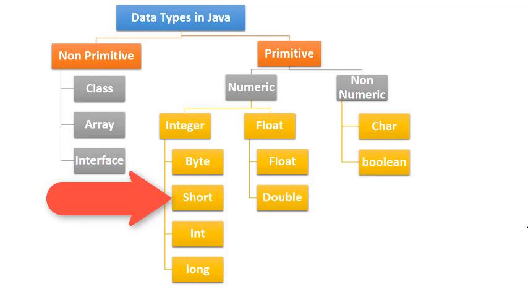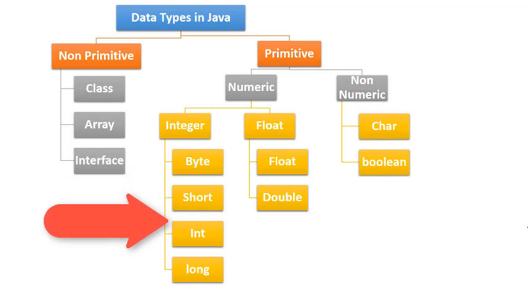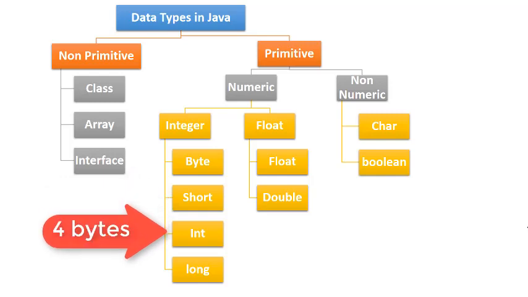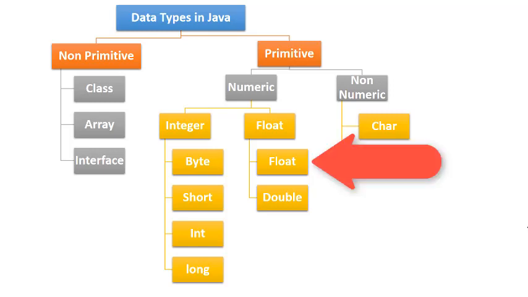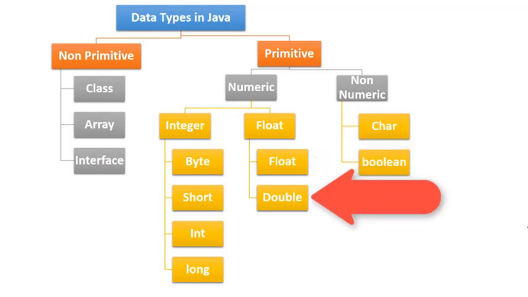The short data type takes 2 bytes of memory space, and the integer data type takes 4 bytes in memory, whereas the long data type takes 8 bytes of memory in RAM. Coming towards the floating point data types, the float data type takes 4 bytes in memory, while the double data type takes 8 bytes in memory.